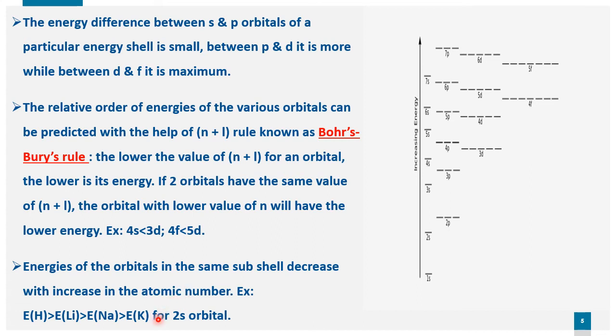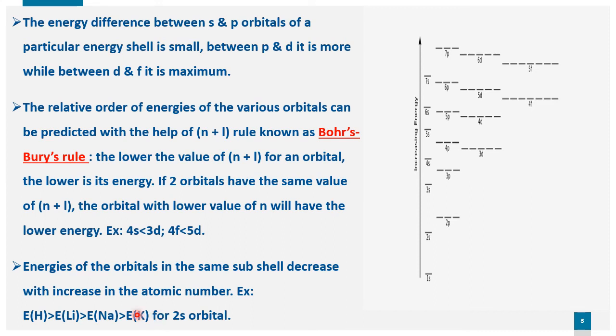So what he says, as the electron moves far away from the nucleus, that is one reason. Second, 2s is there in all the atoms, but here 2s is under the control of only one proton. Atomic number is 1. 2s of lithium is under the control of 3 protons. More the number of protons, more is the attraction on the 2s. So here 11 protons in the nucleus control the 2s orbitals. Here 19 protons, 19 plus charge, control the 2s of potassium.